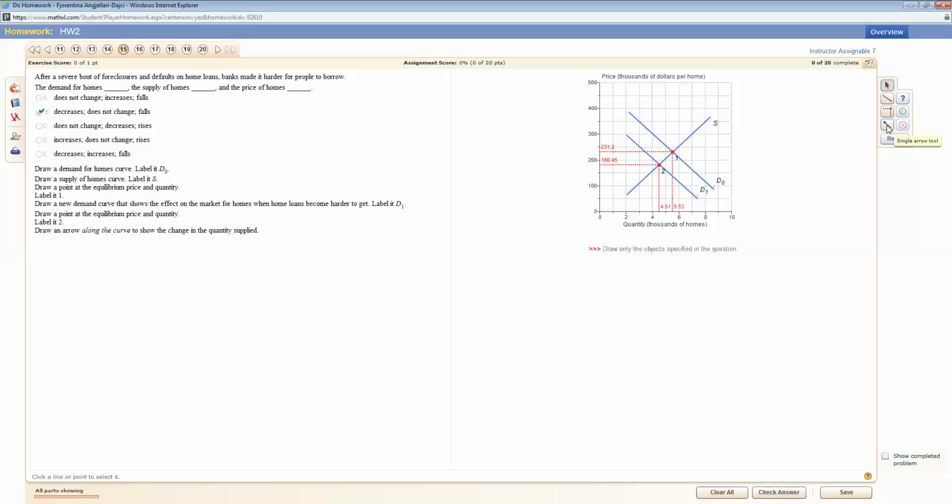You're going to click, start your arrow at point 1, and position it towards point 2, where you're going to drop the cursor, and you have the perfect arrow indicating that as the equilibrium in the market has changed from point 1 to point 2, there has been a movement along the supply curve, which means the quantity of homes supplied has actually decreased.